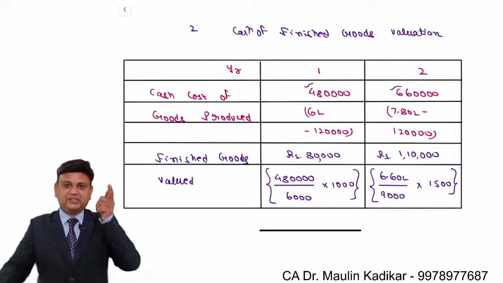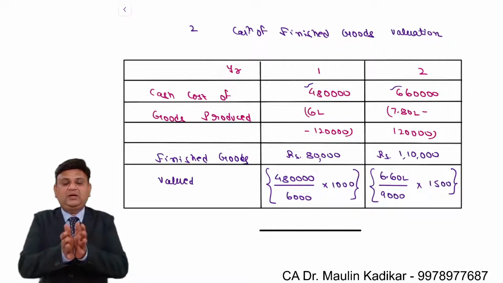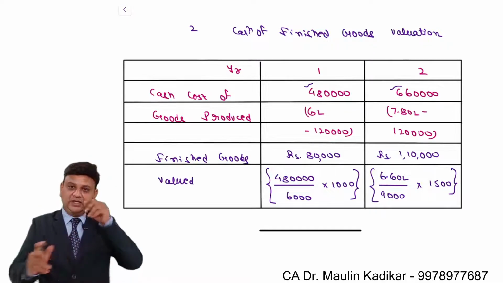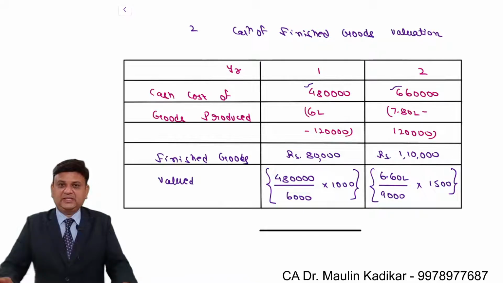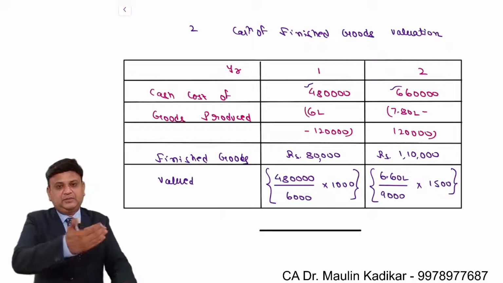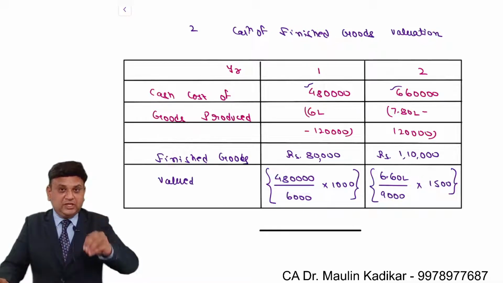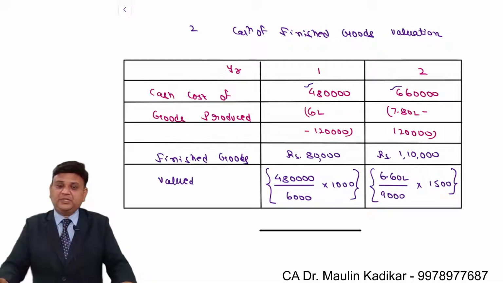We have to visualize that when we prepare the balance sheet at the end of the year, at that time, what are the current assets and what are the current liabilities. That is what we have to keep in our mind. Second thing that we understand is that we are going to approach the bank for working capital, for the purpose of taking a loan. So the bank does not recognize the normal finished goods valuation which includes depreciation. That is the reason we will exclude depreciation for the purpose of calculation of the answer.